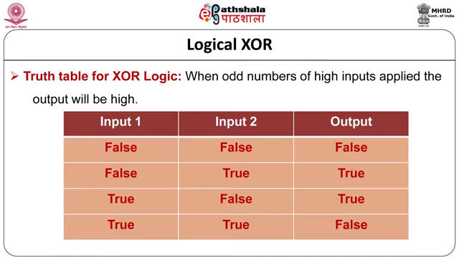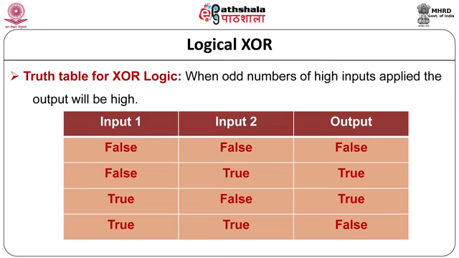Let us see logical XOR. When an odd number of high inputs is applied, the output will be 1. You know the truth table of the logical XOR gate. The output is true when the inputs are not equal, and the output is false when the inputs are equal.